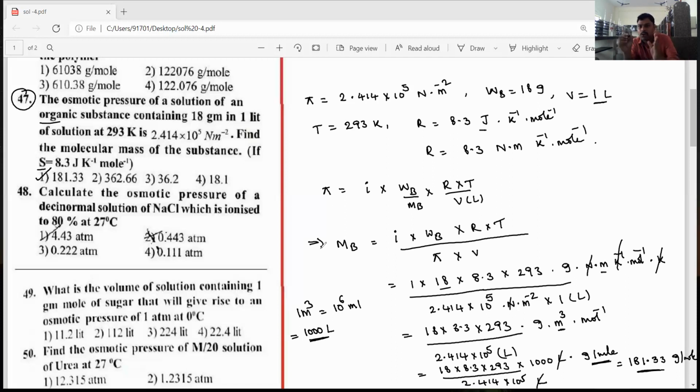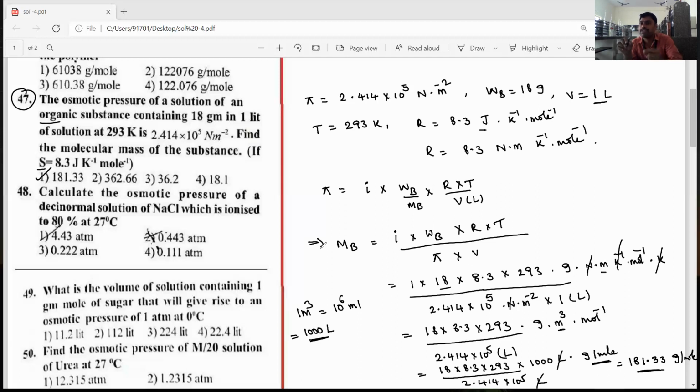Here the main important thing is that the osmotic pressure value is in Newton per meter square, and the R value is in joules, which means Newton meter. After cancellation of the units, we get meter cube in the numerator. The meter cube is nothing but 1000 liters.